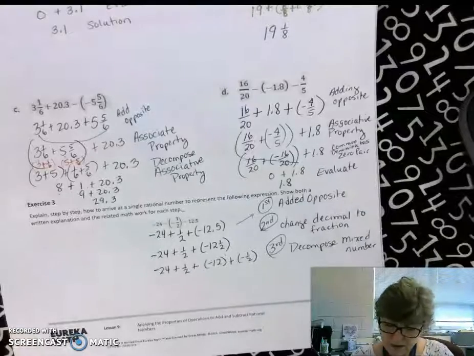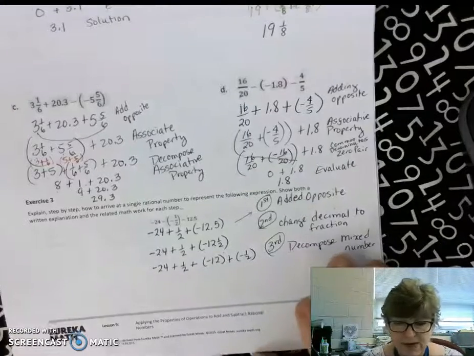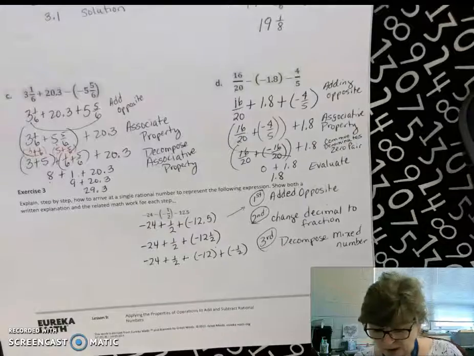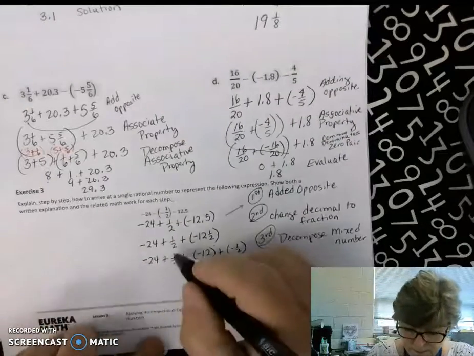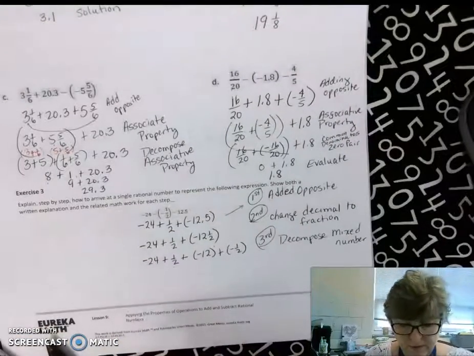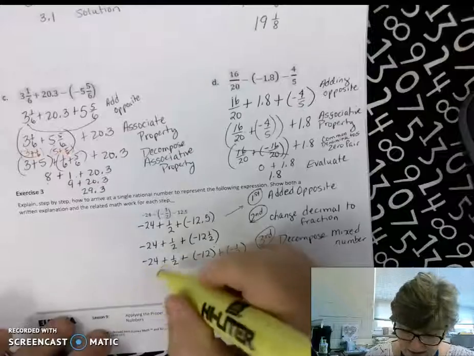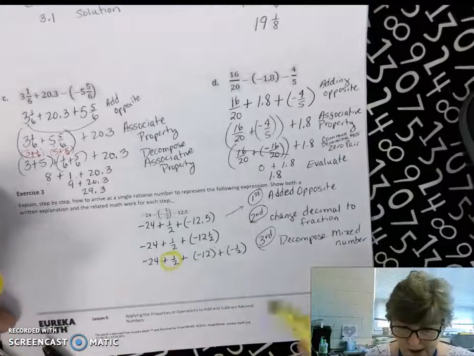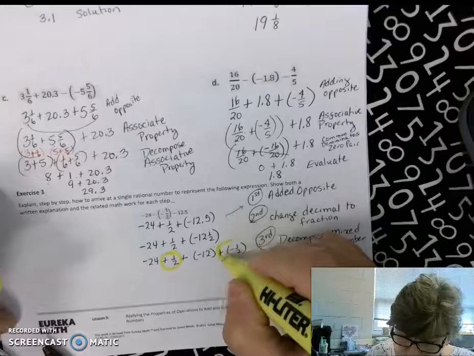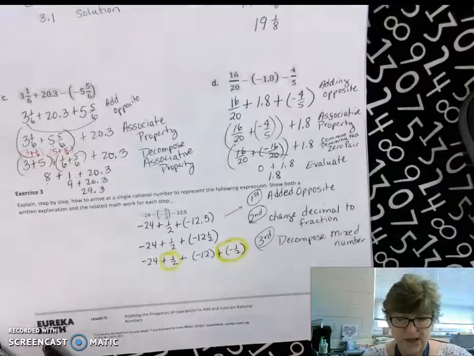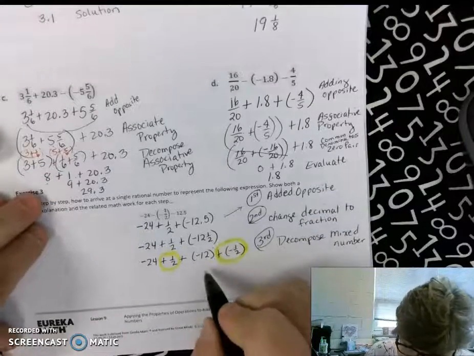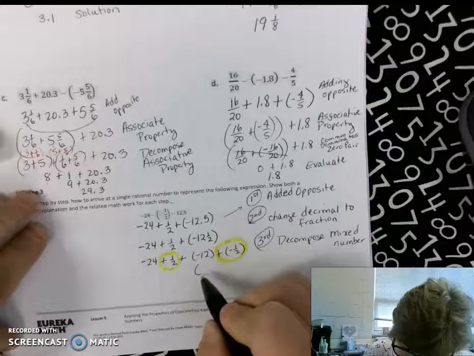All right. Now that I'm here, I'm realizing there are some things that are in common. Okay, I notice that I have a positive 1/2 and a plus a negative 1/2. So I'm going to group those together.